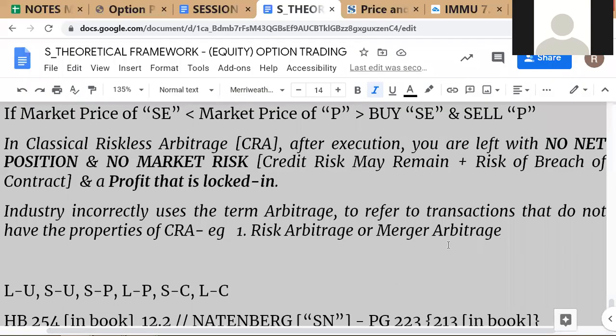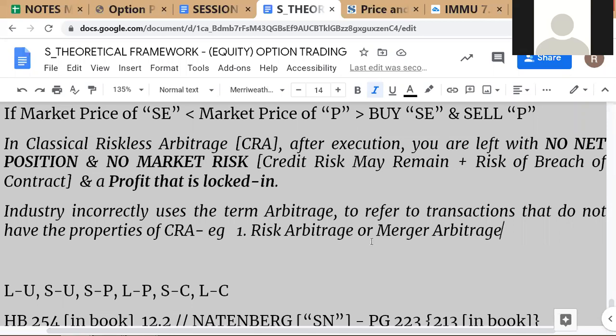Okay, so risk arbitrage or merger arbitrage, basically what you do here is you have a view that some company is going to get taken over by some other company. So you think that maybe Facebook is going to buy Yahoo.